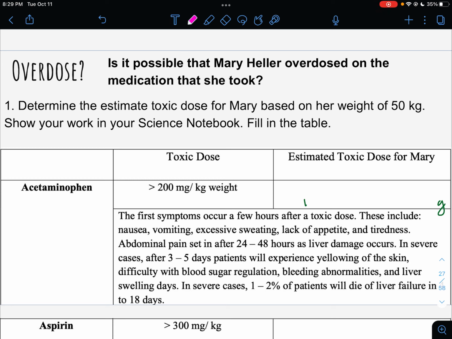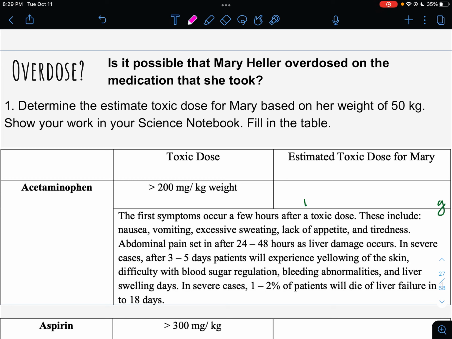So we know that Mary weighs 50 kilograms, and for acetaminophen, a toxic dose is 200 milligrams for every 1 kilogram. What we want to do is figure out how many milligrams Mary would have to ingest in order to reach that toxic level.